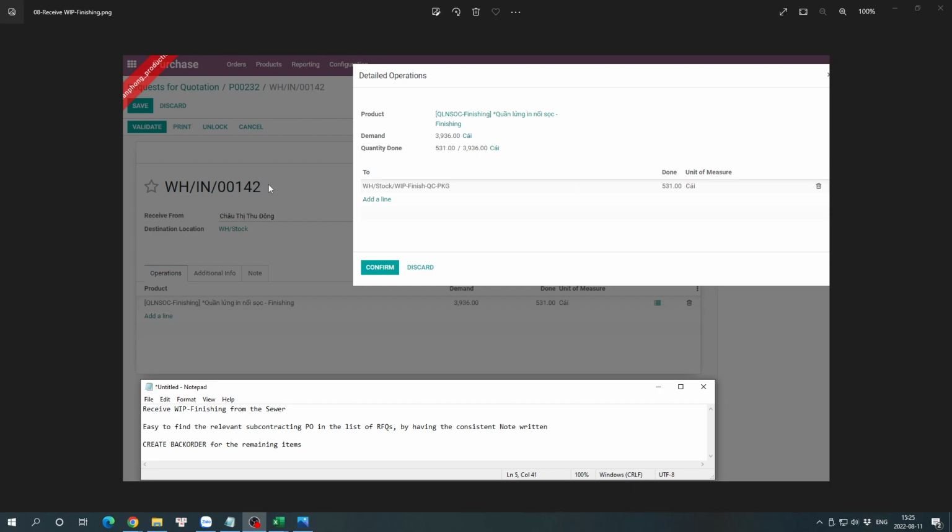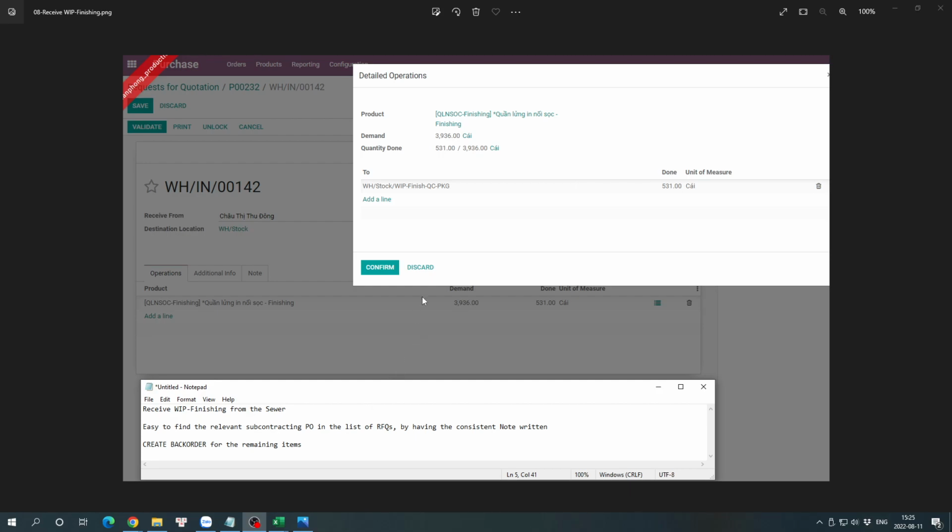So you want to go in here, open this one. This is the in picking that was created during preparation, and you want to receive only 350 units out of this total. So on this date, the sewer only finished doing this many products, and you can read the notes here.